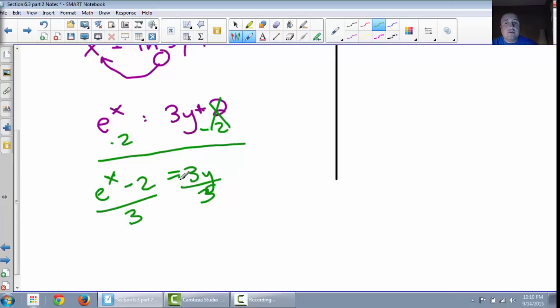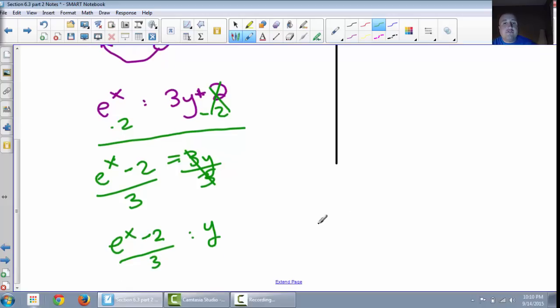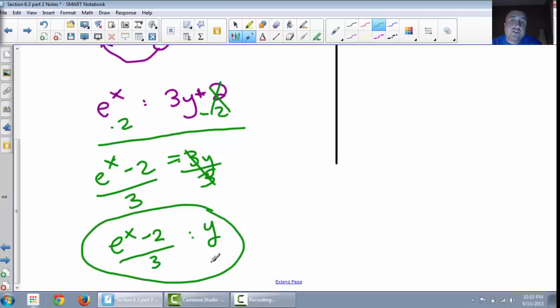The 3s cancel, so my inverse equation is e to the x minus 2, all over 3. That's a little bit harder, but the steps are pretty easy. Once you switch the x and y, you apply the definition of a log, and then you solve for y. And there you have it.